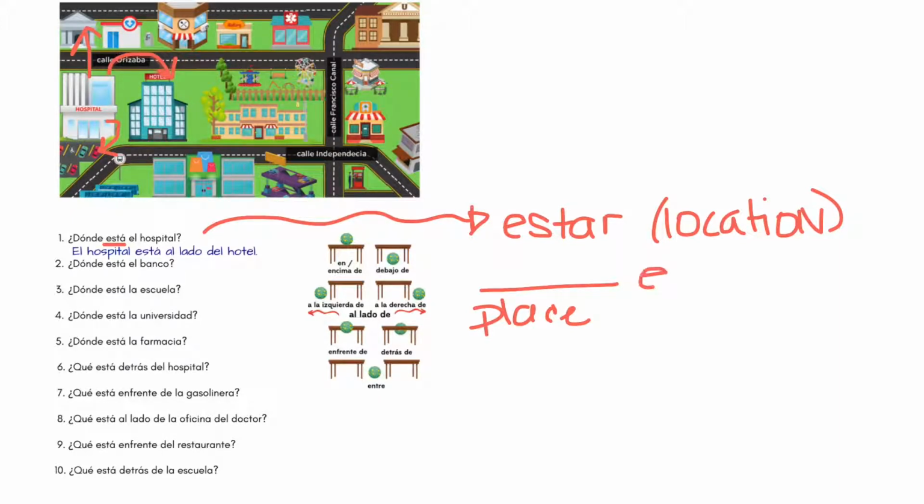Then we're going to use estar conjugated for he, she, or it, está. And then we'll put our preposition, next to, in front of, behind, etc. And then we're going to put our second place.